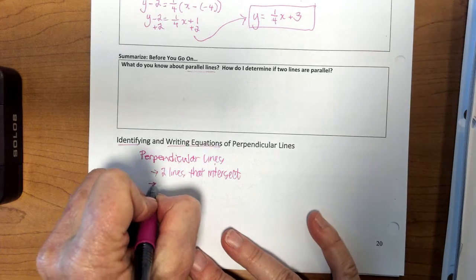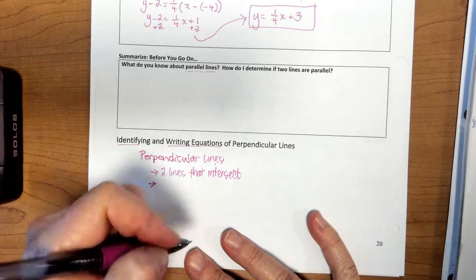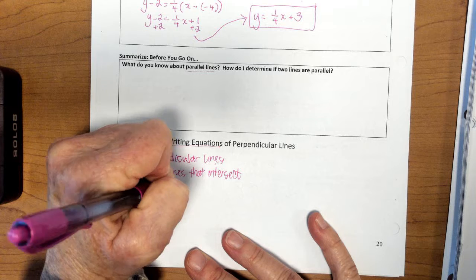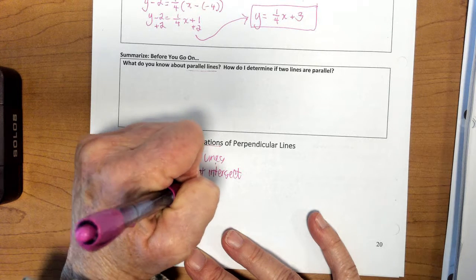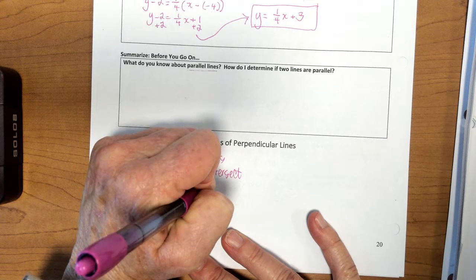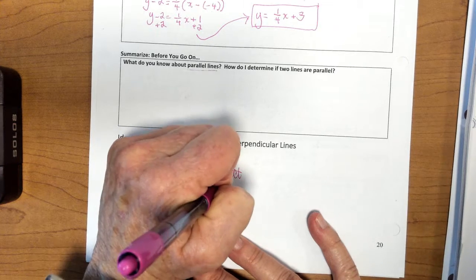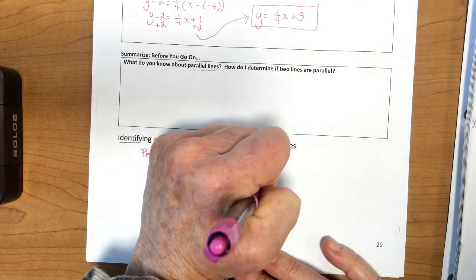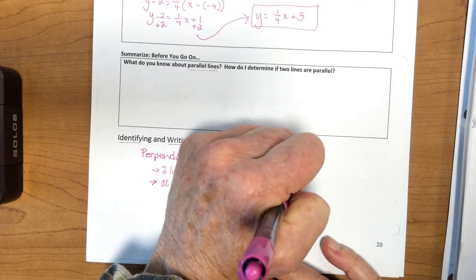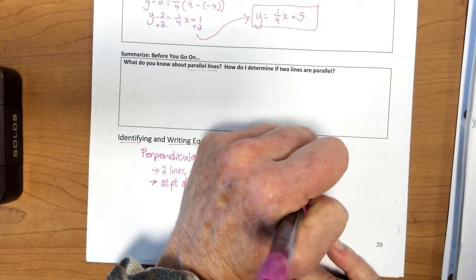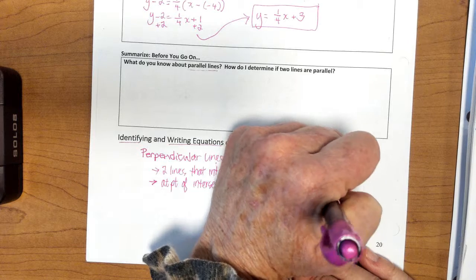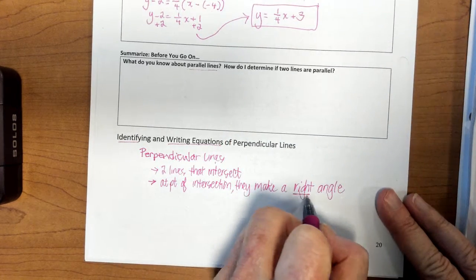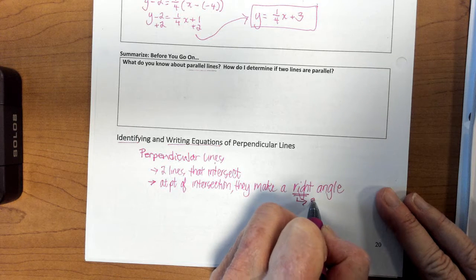We know that when they intersect, at the point of intersection, they make a right angle. I'm hoping you remember that a right angle measures 90 degrees.